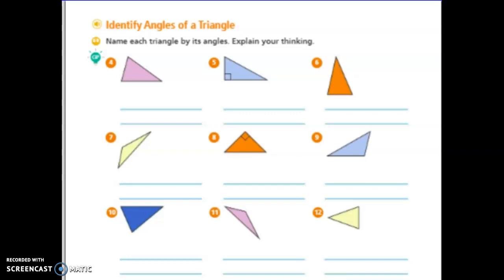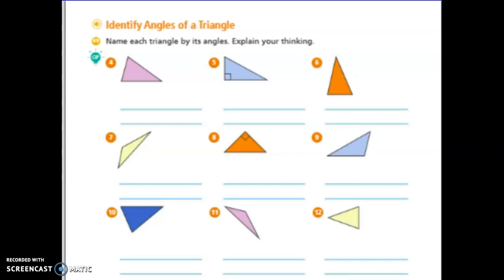Number 9. I see 2 acute angles. What's the other angle? They're not giving me the symbol to say that it's right. And it's definitely not acute, so that must be another obtuse triangle. Number 10. I'm letting you think. That is acute. That's an acute triangle.